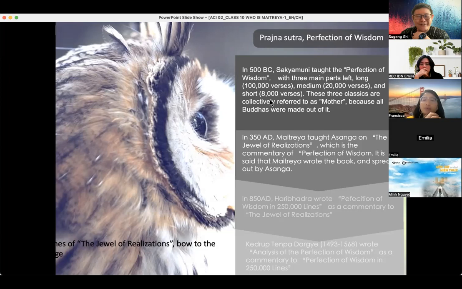Even the short version, we know, like the Diamond Sutra and Heart Sutra, all these are part of the short version of the Perfection of Wisdom, Prajna Paramita, right? And all these are basically referred to as the mother, because they have created Buddhas, like a mother giving birth to children.